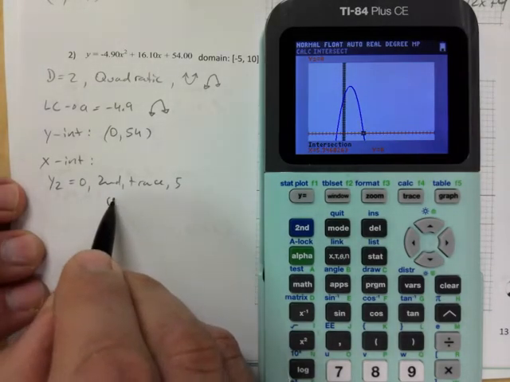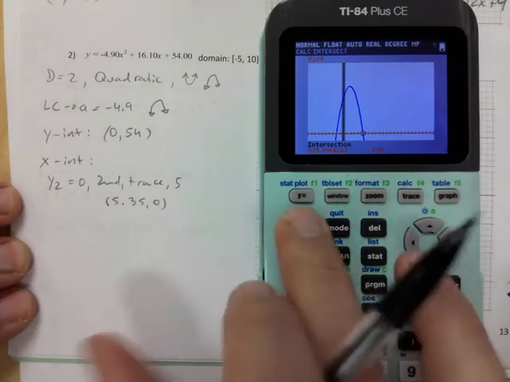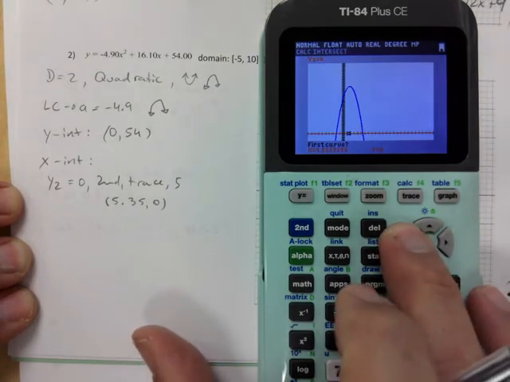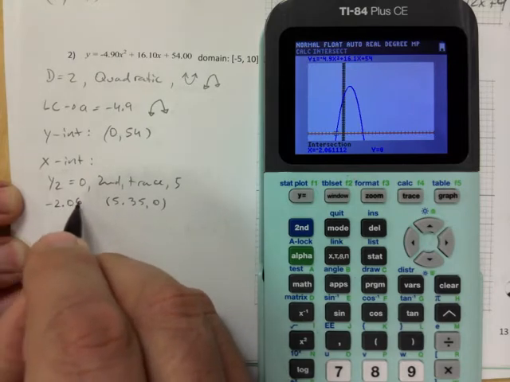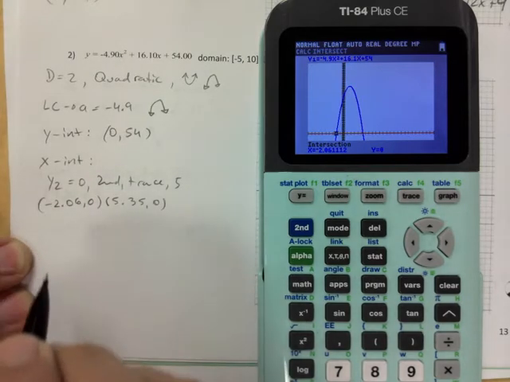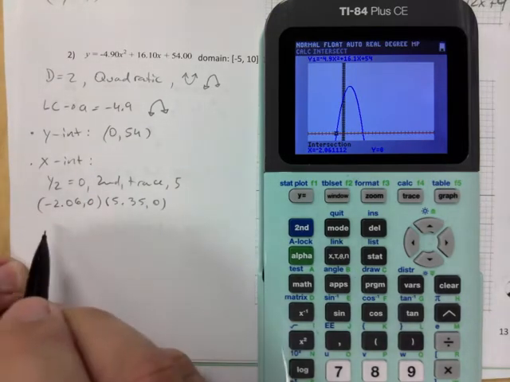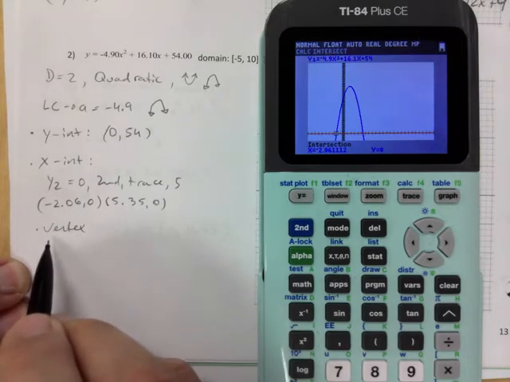So that is 5.350. The x-intercepts seem to be fairly reasonable. I'm going to go over to the left, enter, enter, enter, negative 2.060. So those are my two x-intercepts. So we've got intercepts there, and then I'm going to find the vertex. And in this case, it's a max again.